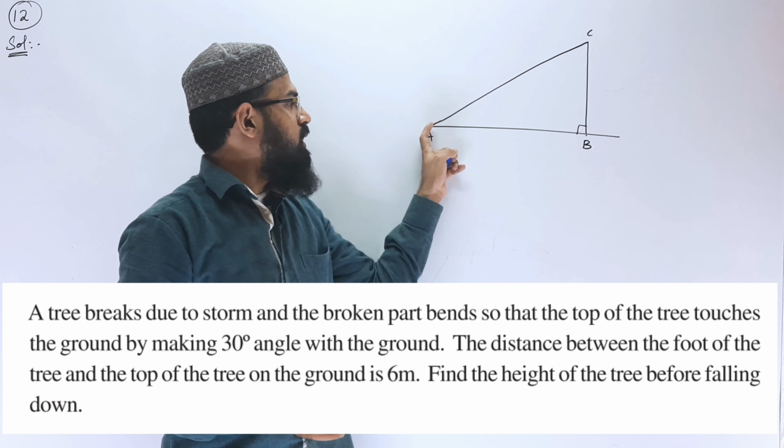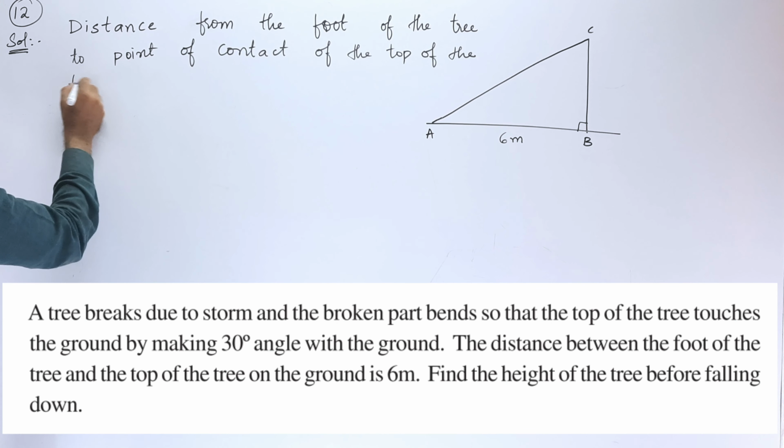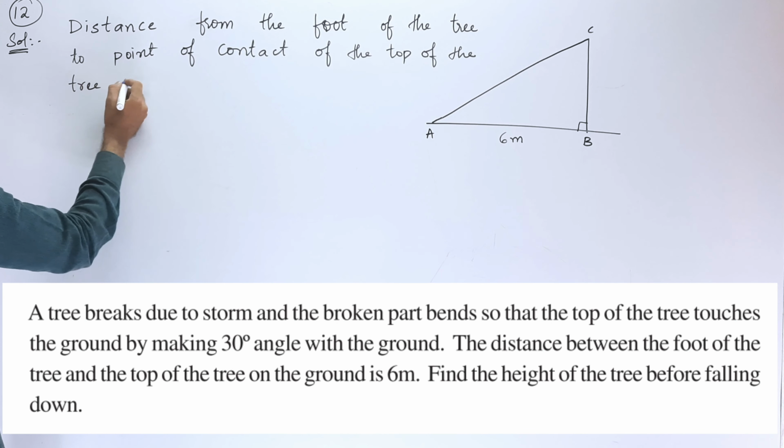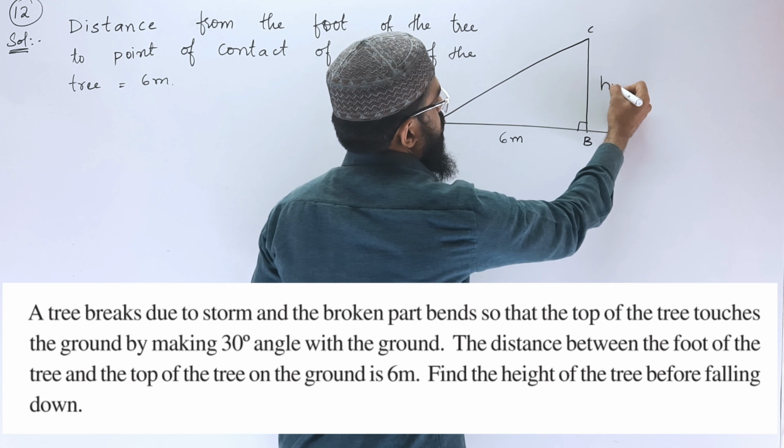So given is the distance from the foot of the tree to the point of contact of the top of the tree is 6 meter.